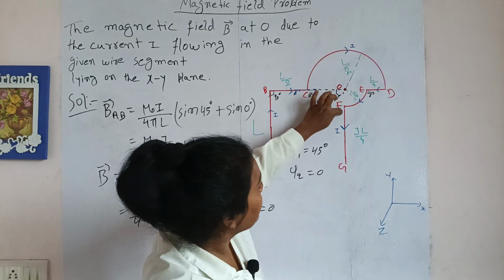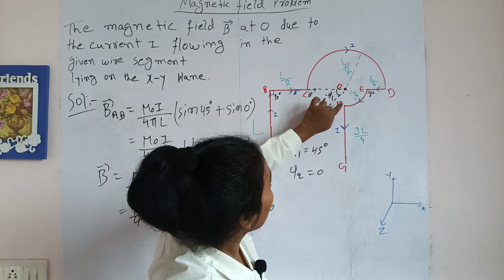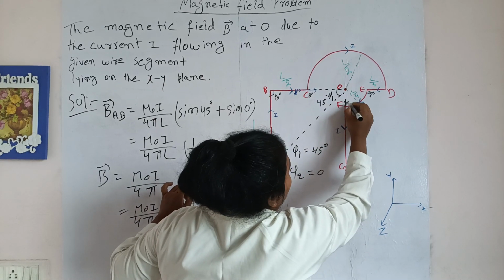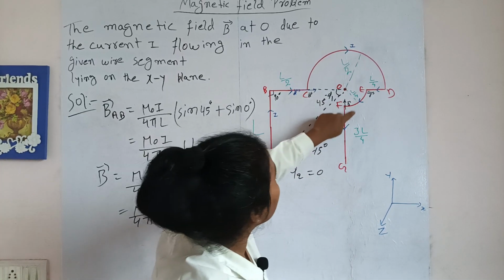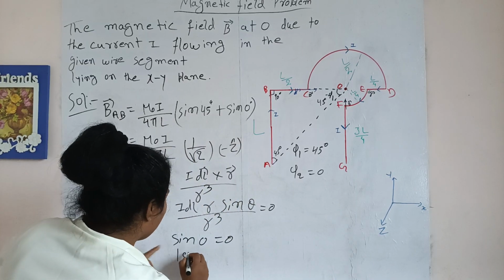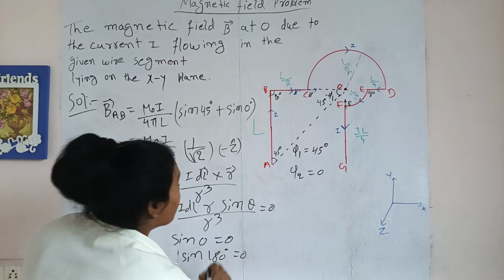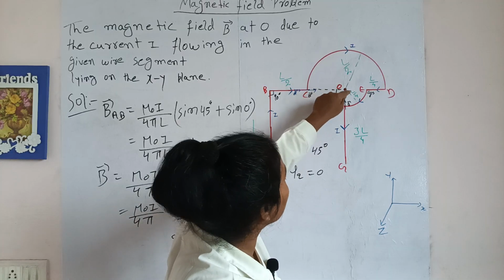And for the field due to FG, this part, I dL is in this direction, but vector r is in this direction, which makes the angle theta 180 degrees. And again sin 180 is also 0. That makes the magnetic field due to this wire also 0 here.